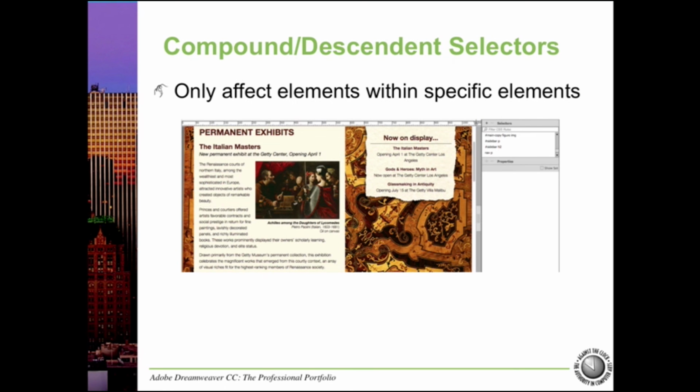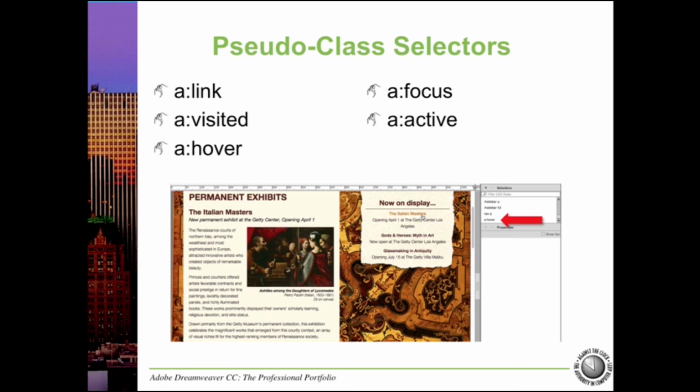Pseudo class selectors are used for rollover effects, and there are 5 different types of pseudo class selectors with the A tag. So we have the A:link, which means that the hyperlink has not yet been visited. Then we've got the A:visited selector, which means that the hyperlink has been visited.